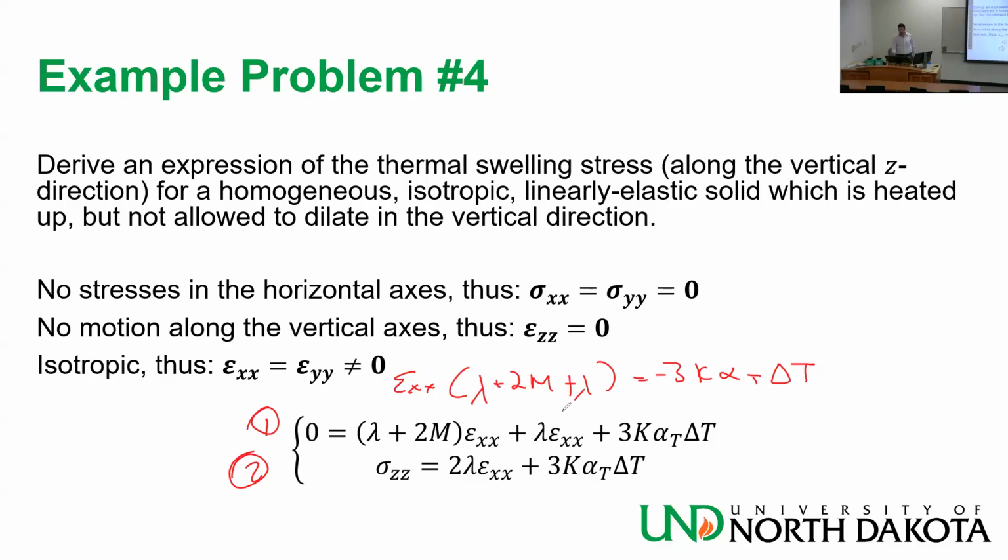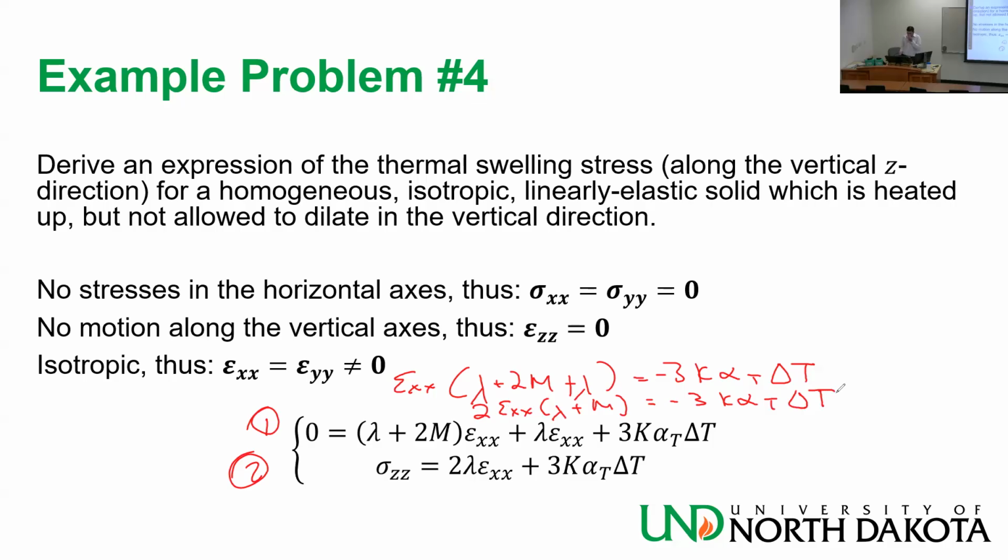I was trying to do it the other way. And then I have here epsilon xx 2 lambda plus m is equal to minus 3k delta t.